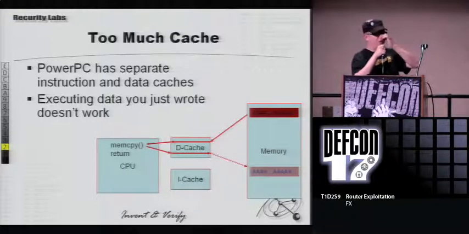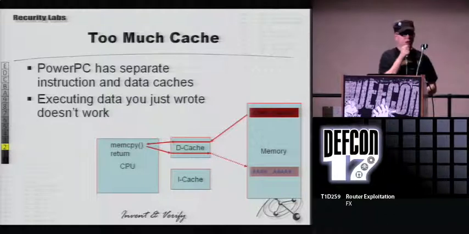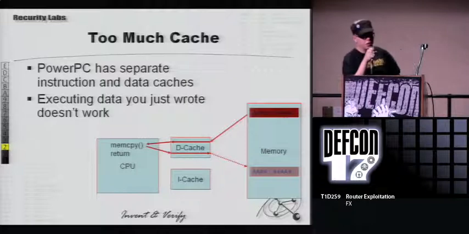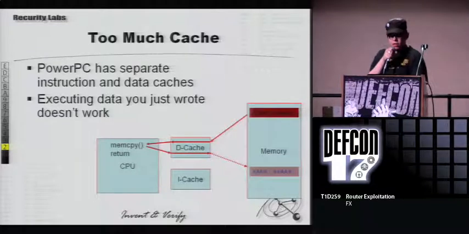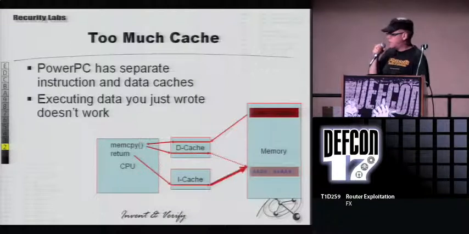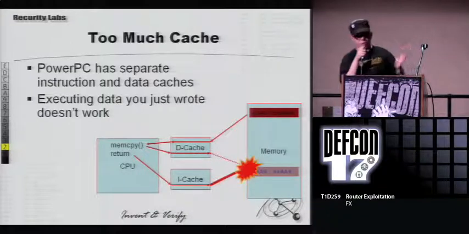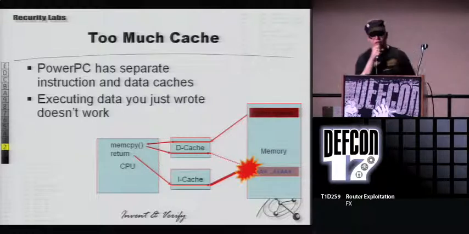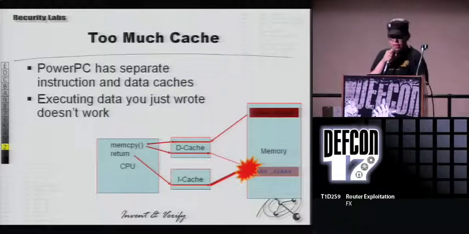Now you don't actually have much time between you overflowing the buffer and you actually trying to jump into executable code. So this cache actually doesn't get flushed. So if you jump there, it's actually trying to execute what used to be on that position before you wrote, which sucks because you want to run your own stuff.